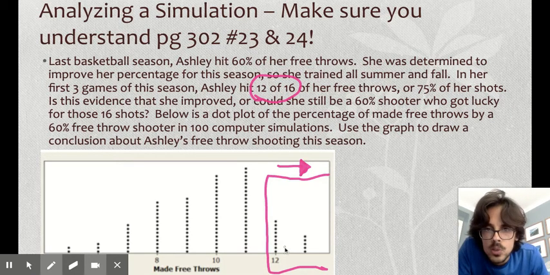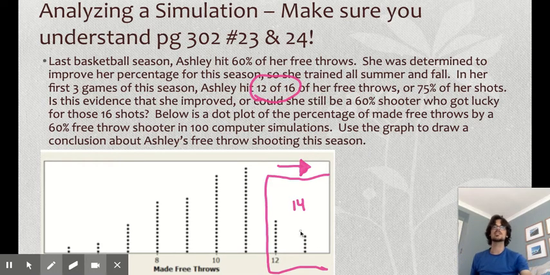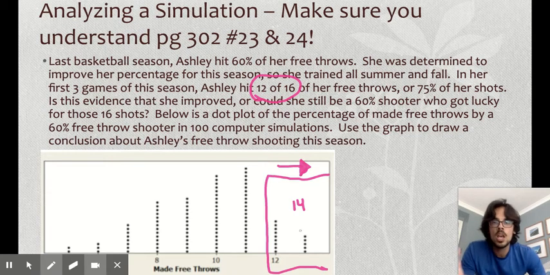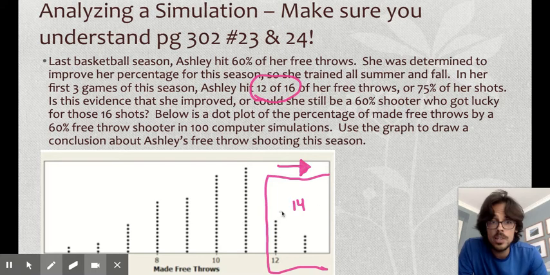And then what we're going to do is count up those dots. I count 14 right here. I might be off by like 1, but I'm pretty sure that's 14 dots. So in 100 simulations, 14 of them had a 12 or better, given that she's still a 60% shooter. The computer assumes she's still 60%, and they looked at what happens.